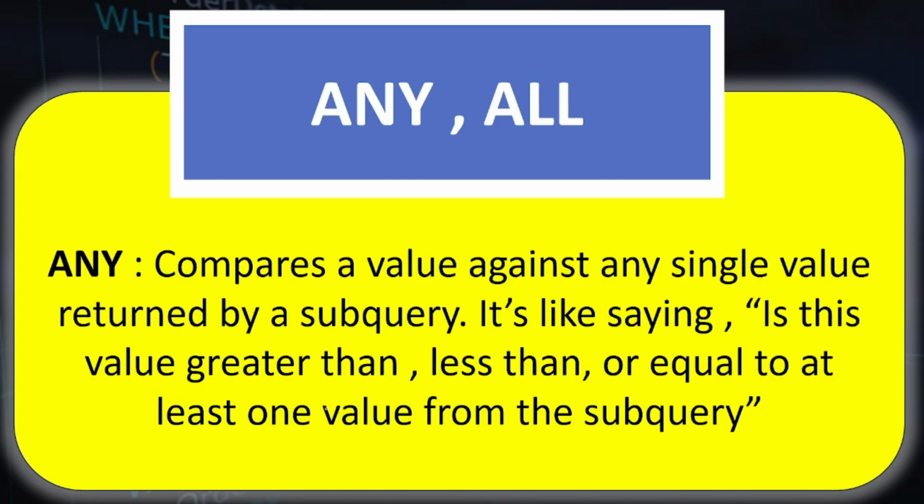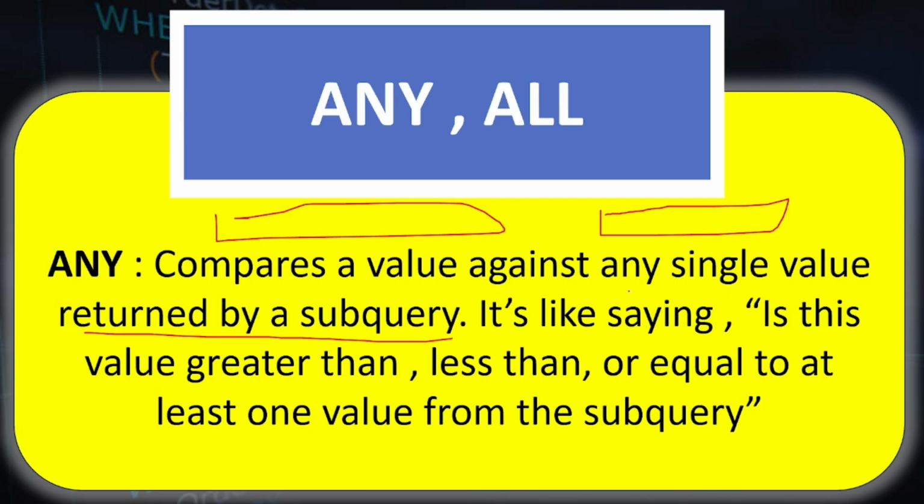If you want to define any, it compares a value against any single value returned by a subquery. If any of these is greater or satisfies the requirement, then it works. So it's like saying, is the value greater than, less than, or equal to at least one value from the subquery?